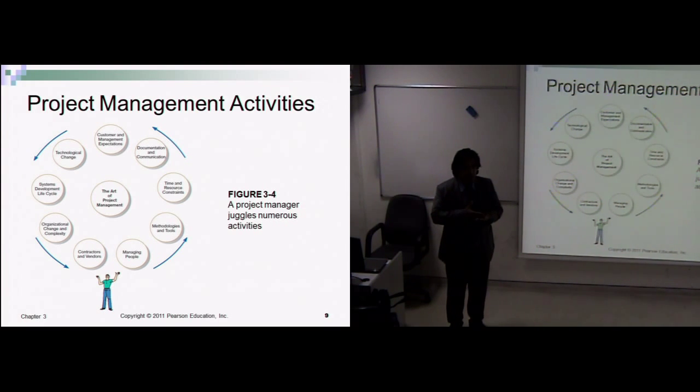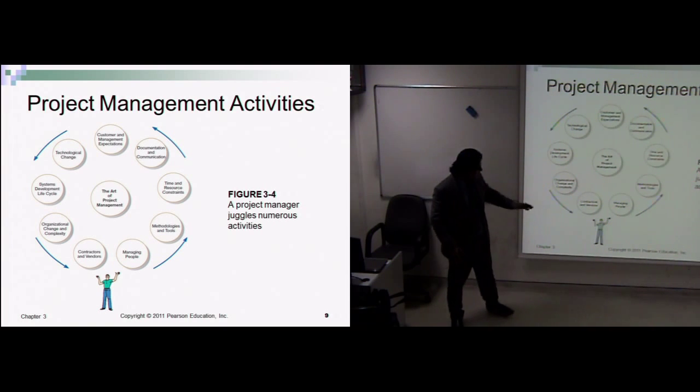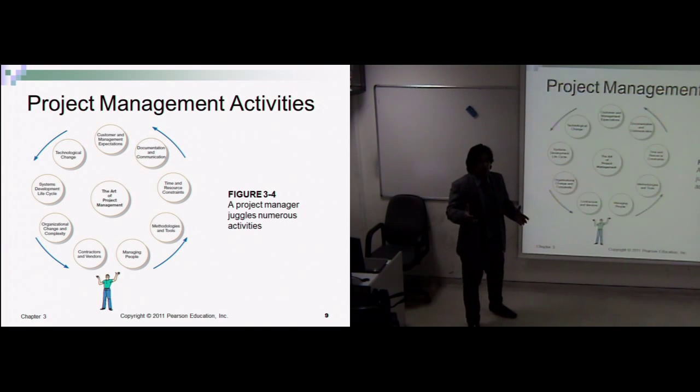Now if you see, a project manager is monitoring these things regularly, right? Because he is the main person responsible to manage. For example, he is interacting with contractors and vendors involved in the project to do some tasks.